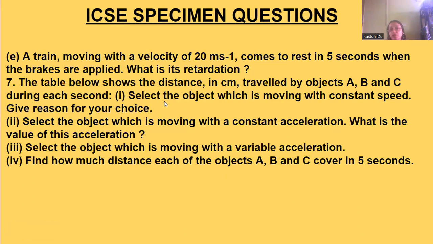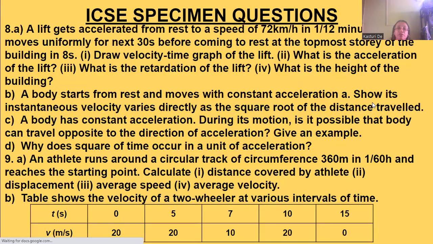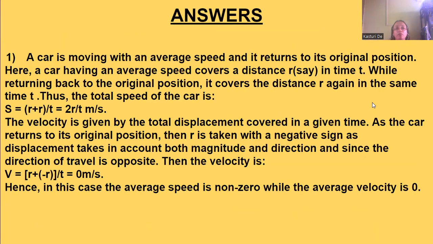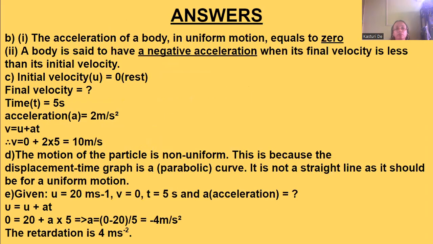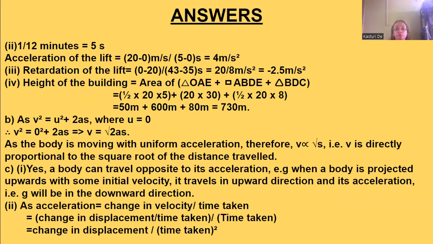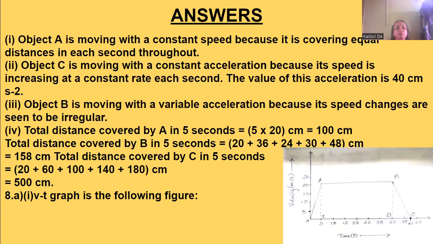From the questions, the first question is: select the object which is moving at constant speed. Give reason for your choice. Object A is moving with constant speed because it is covering equal distances in each second throughout.